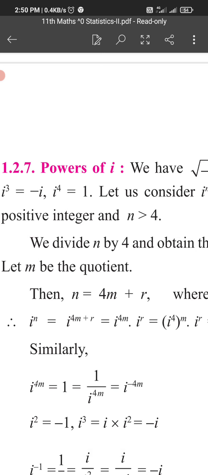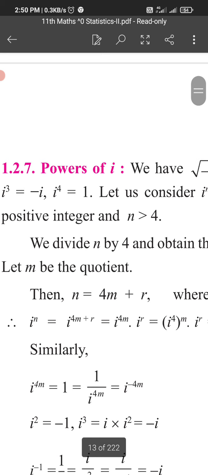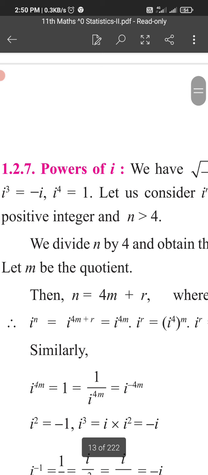So i raised to n is equal to i raised to 4m plus r, so i raised to 4m into i raised to r, because here we are using the indices rule, that is a raised to m plus n is equal to a raised to m into a raised to n.